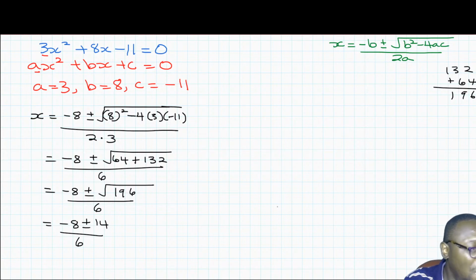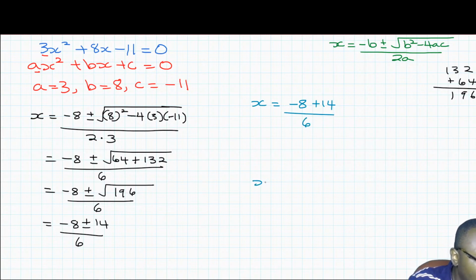Now that we've got to this point, x is going to be equal to negative 8 plus 14 divided by 6. The other solution, we're going to have x equal to negative 8 minus 14 divided by 6.